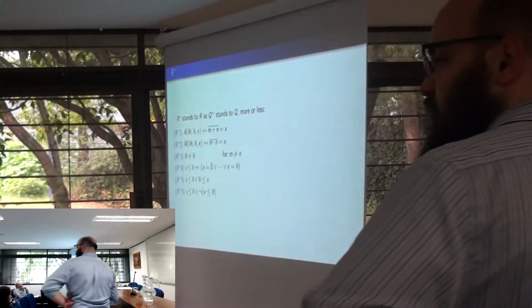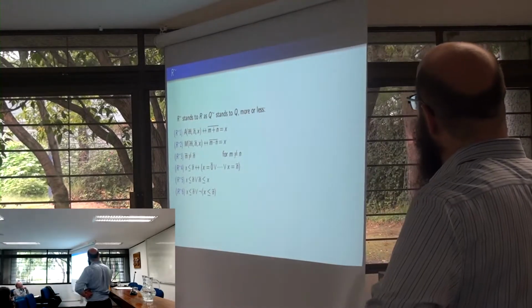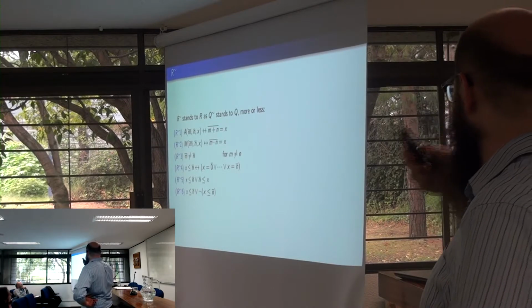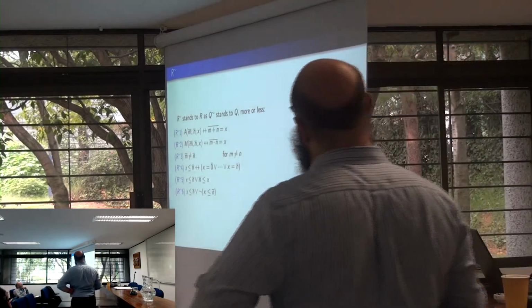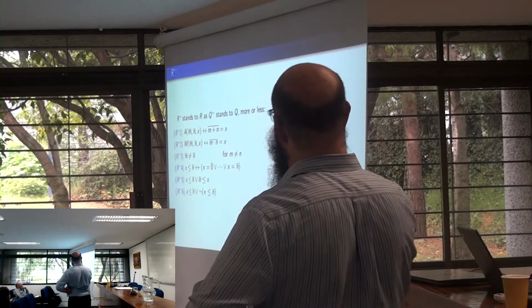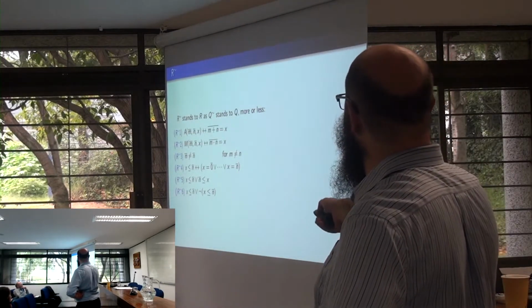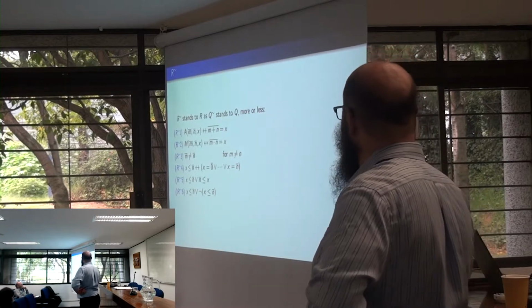So here is R sim. As I said, it stands to R as Q sim stands to Q, more or less. And so, just like in R, we required the arithmetic operations to be faithful. We require the same thing here, but stated in terms of this ternary relation rather than in terms of the arithmetic operation.